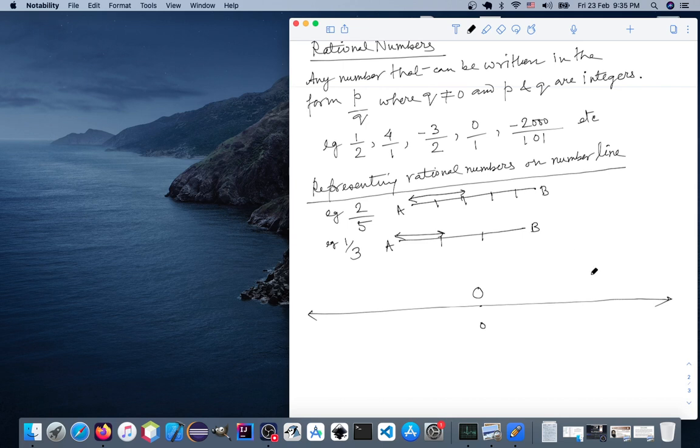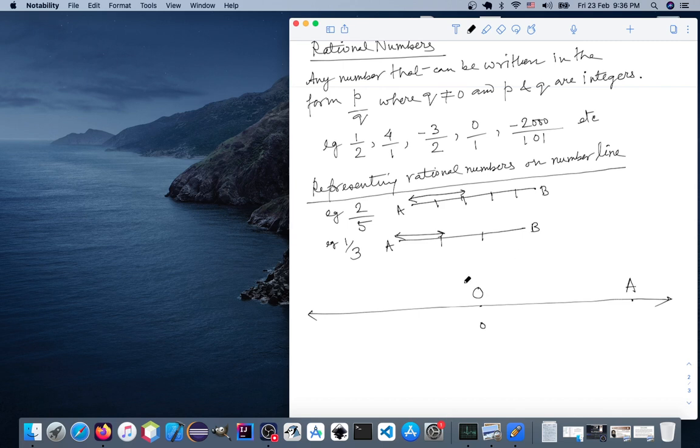So, let's say here is the point A. So, the distance OA is of unit distance. Now, since I am trying to represent both 2 by 5 and 1 by 3 on the same number line, I have taken the unit distance a little larger so that it is properly visible.